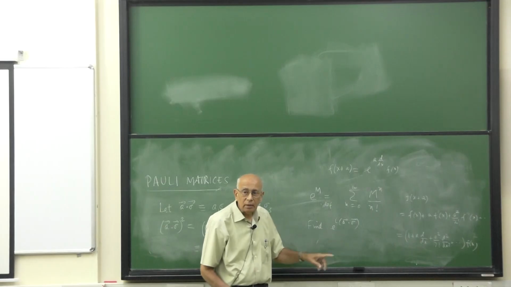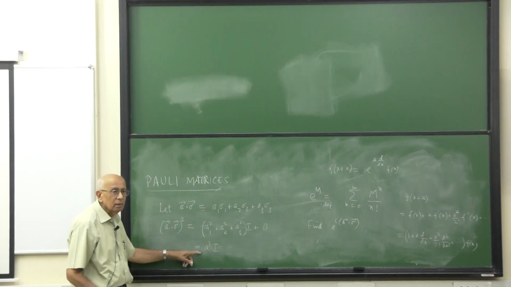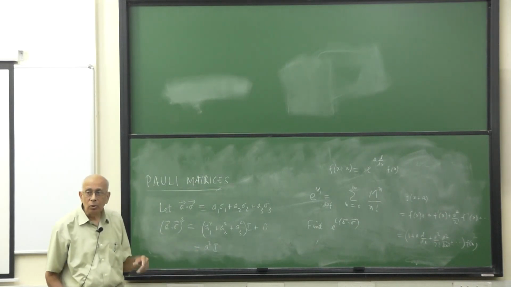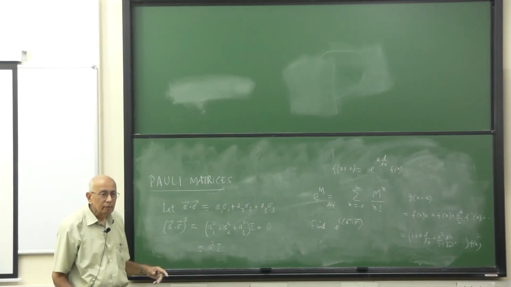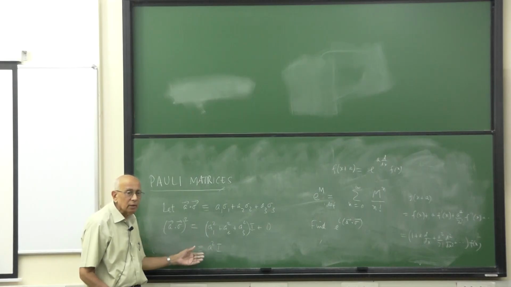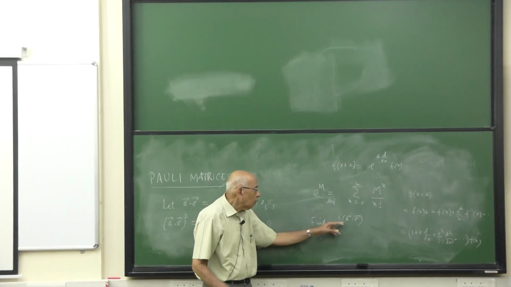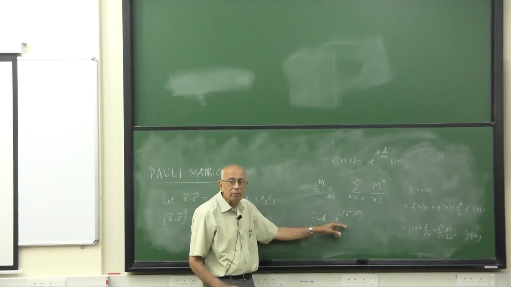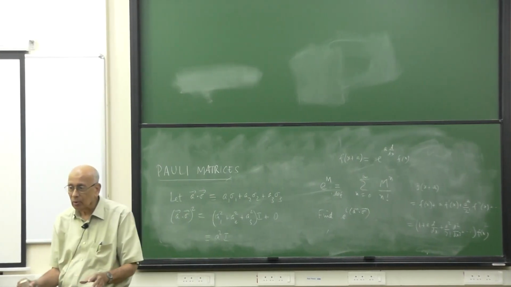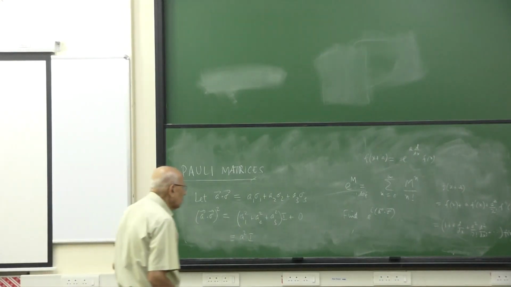The term after that is a dot sigma the whole squared, but that is this. Therefore, what's a dot sigma the whole cubed? This is just the unit matrix. So apart from some powers of a, it's again a dot sigma. So as you can see, every even power will involve just the unit operator, and every odd power will involve just a dot sigma. Therefore, you can add them all up and join them together, and you get a nice formula. Okay? The formula you get is the following.